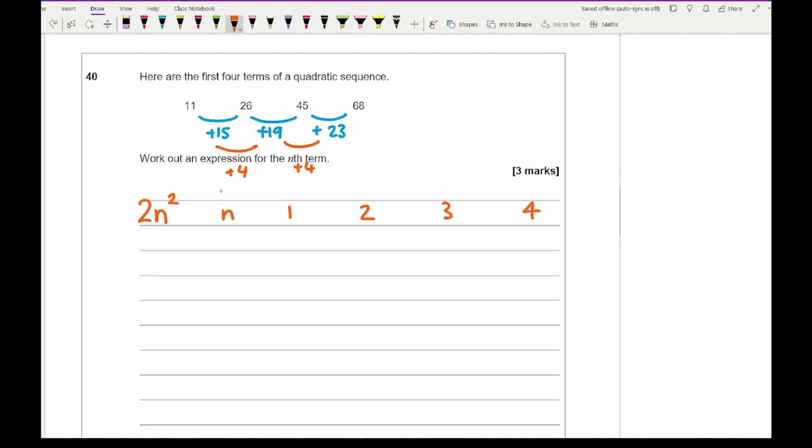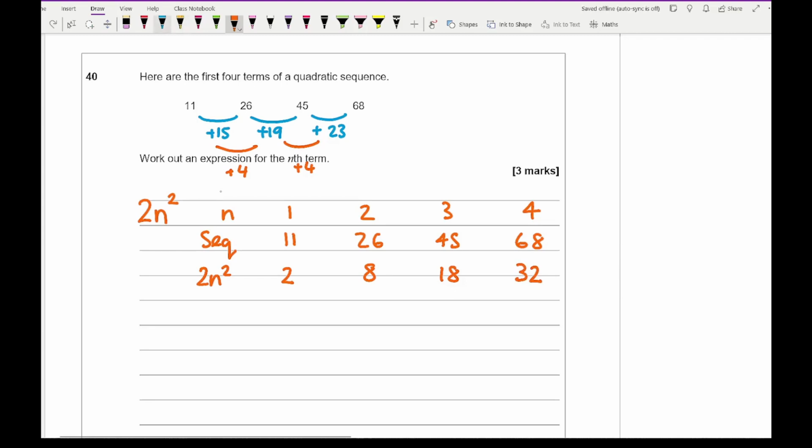And I've then got the numbers in the sequence, which is 11, 26, 45 and 68. I then want to work out what 2n squared is. So remember to do the n squared first. So 1 squared is 1 times 2 is 2. 2 squared is 4 times 2 is 8. 3 squared is 9 times 2 is 18. And 4 squared is 16 times 2 is 32.